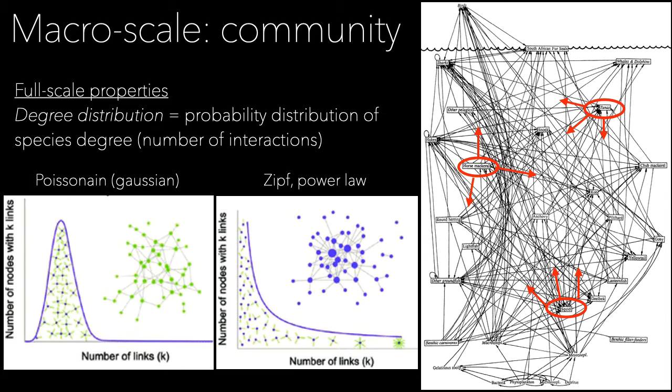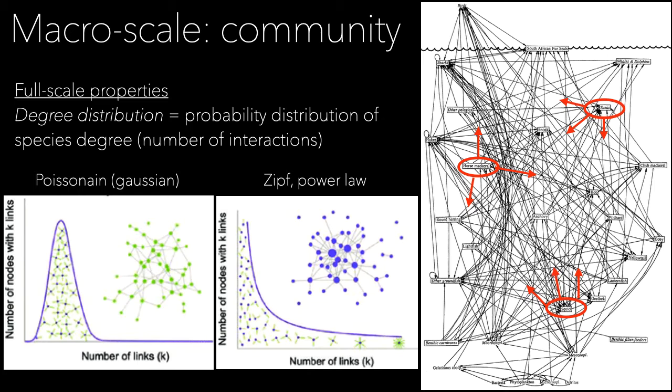It's interesting that random networks, as they are depicted on the left here, have a distribution that resembles a Poissonian, or, with increasing the number of species to a very high number, as it is done in statistical mechanics, a Gaussian.